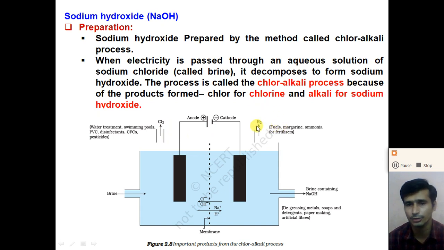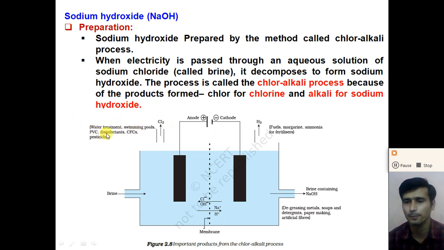Hydrogen is used as a fuel, in margarines, and in ammonia for fertilizers, right? And chlorine gas is used in water treatment, in swimming pools, and in PVC, polyvinyl chloride.